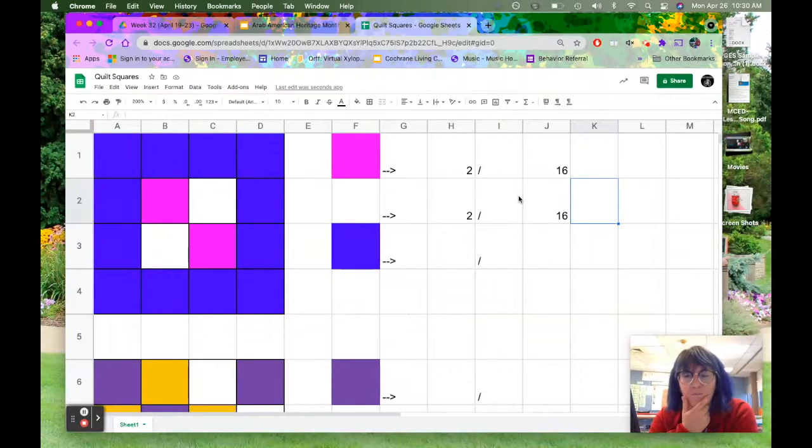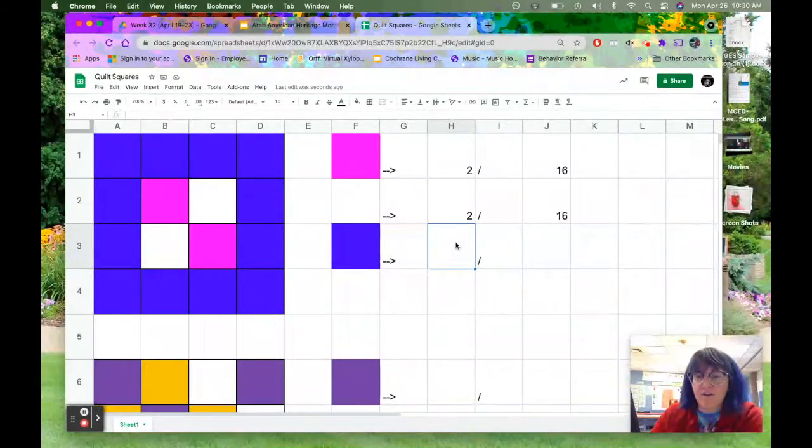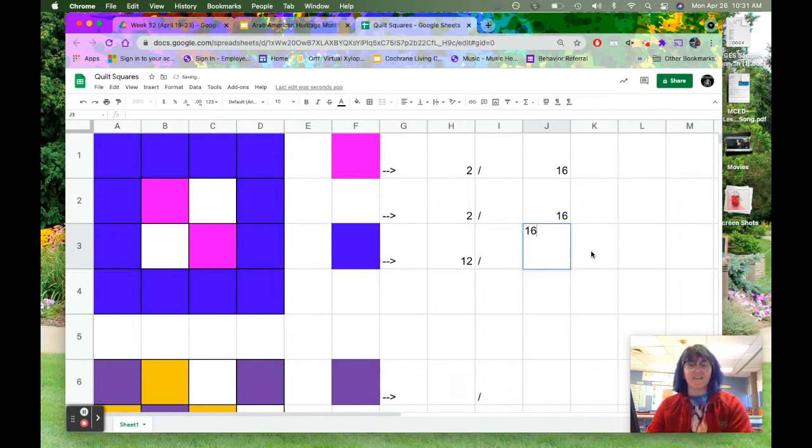Can you figure out blue on your own? What's the numerator? And what's the denominator? So what fraction of our artwork is blue? 12/16.